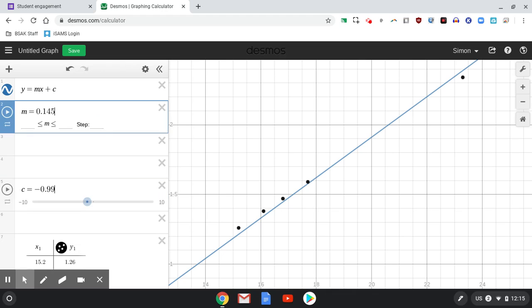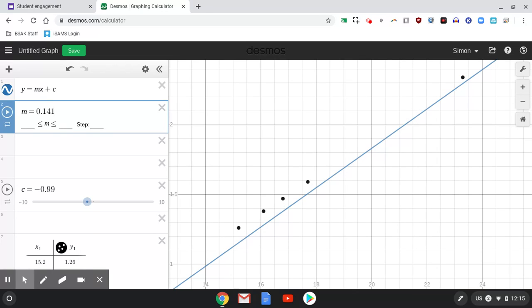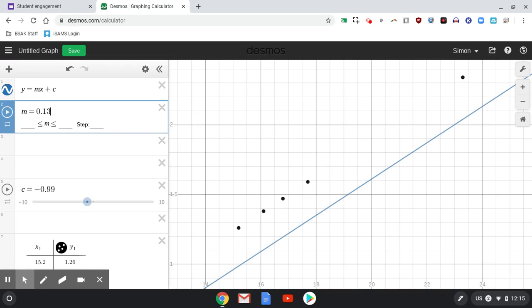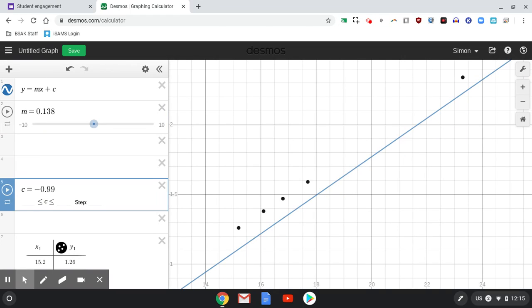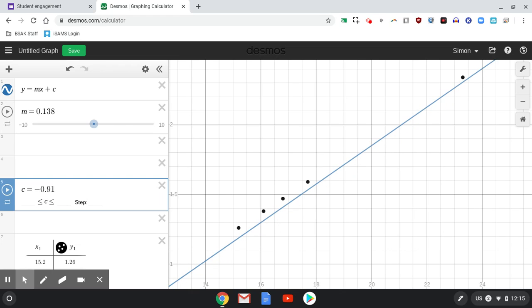So we want to drop that gradient, don't we? We're getting closer, aren't we? And then let's take this value down. Almost there.